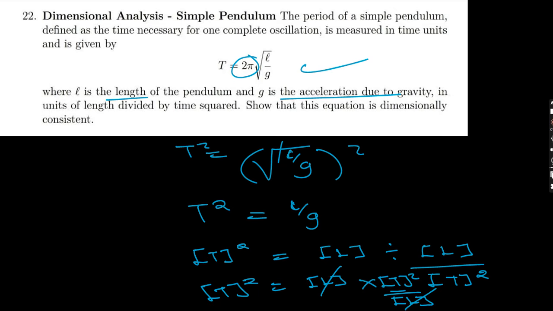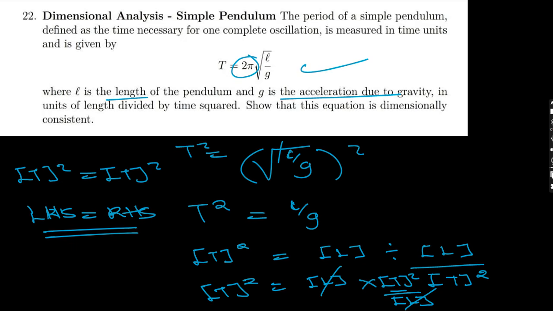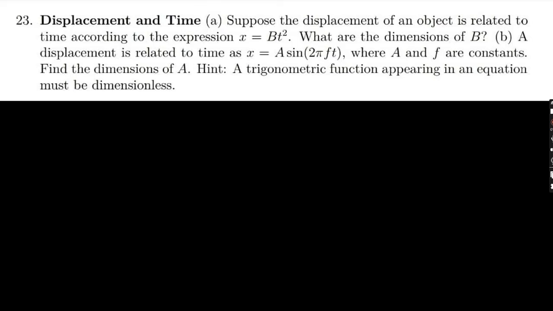I'm going to remain with T squared, also a T squared. You can now say that the left hand side and the right hand side are equal. So the equation is dimensionally consistent.